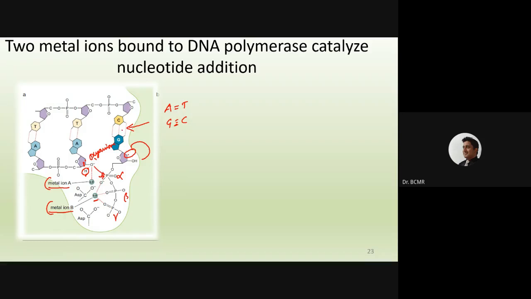When these two are fine, everything is structurally in position where deprotonation of the 3' OH can happen, the oxyanion forms, and metal ion B keeps the alpha, beta, gamma phosphates in this arrangement. Then the oxyanion will make a phosphoester bond here.